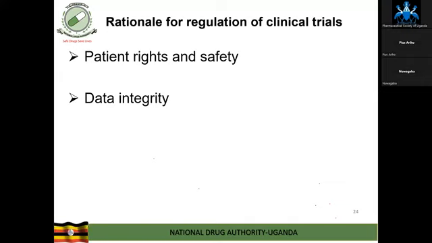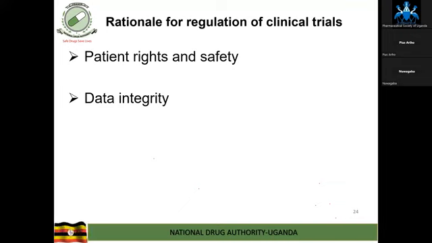So the essence of the regulator is to look at the practices and the data regarding the clinical trial and make a decision on whether the patients are not being exploited. For example, if you're to do a clinical trial, you cannot do it for a product in a condition that has already been established.